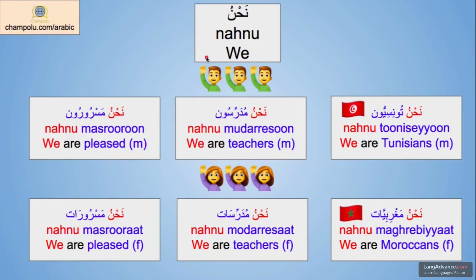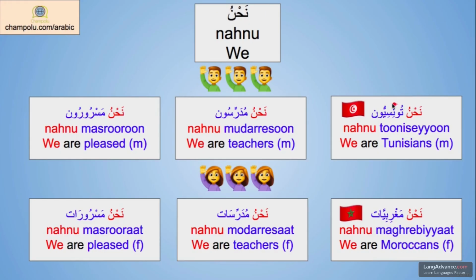And then let's look into the pronoun نحن, which means we. When we want to say it like that, you need to make sure that the adjective, or whatever we are referring to, is also plural. So when we say نحن تونسيون, we are Tunisians, but the word Tunisian here is plural.